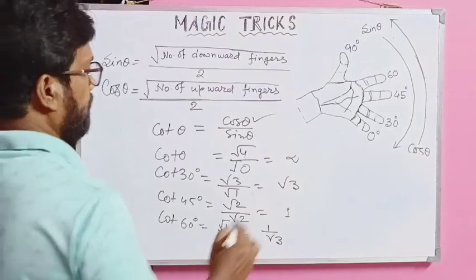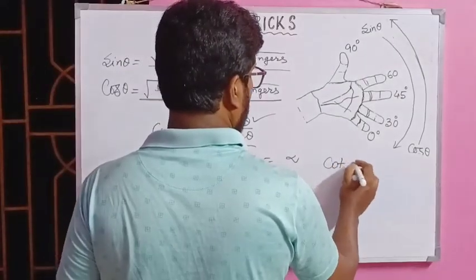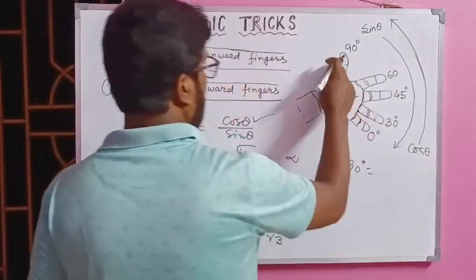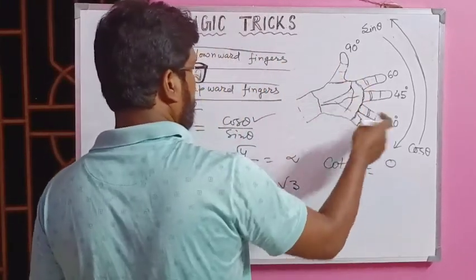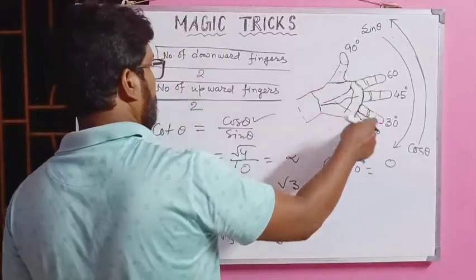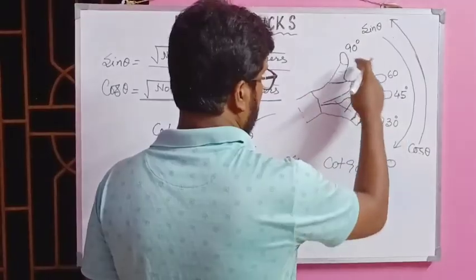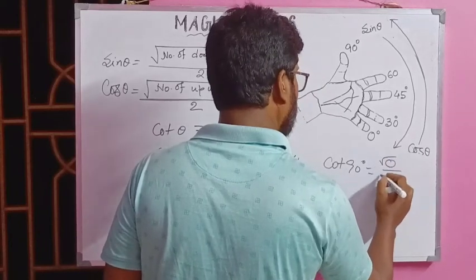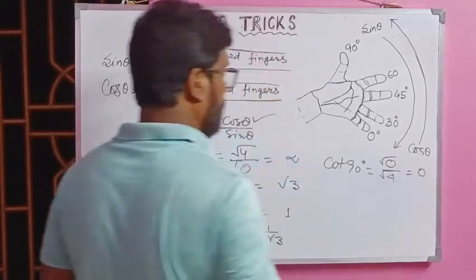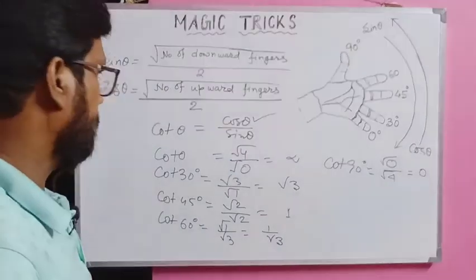Okay. Cot 90 degree. Here is 90 degree, there is no finger left after 90 degree in upward direction, but there are 4 fingers left in downward direction. So root 0 by root 4, that is 0. Cot 90 degree equals 0.